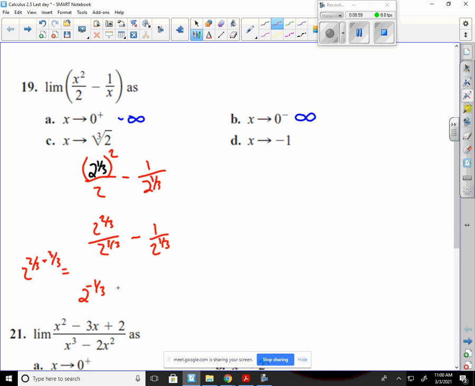And then minus 1 over 2 to the 1/3. If I have the 1/3 in the denominator, it's the same as 2 to the negative 1/3. So now I have this minus this. It's the same thing being subtracted. My limit is 0.